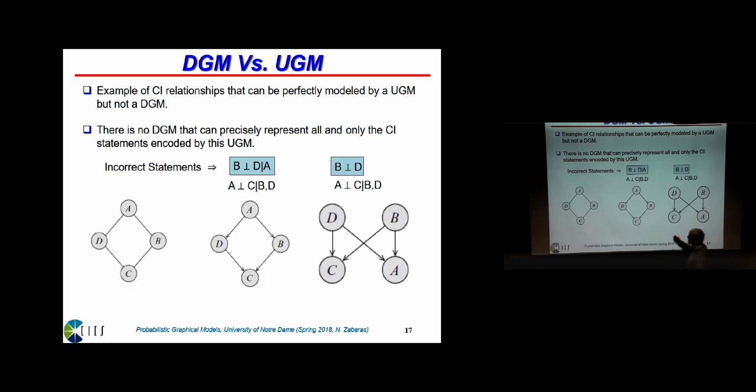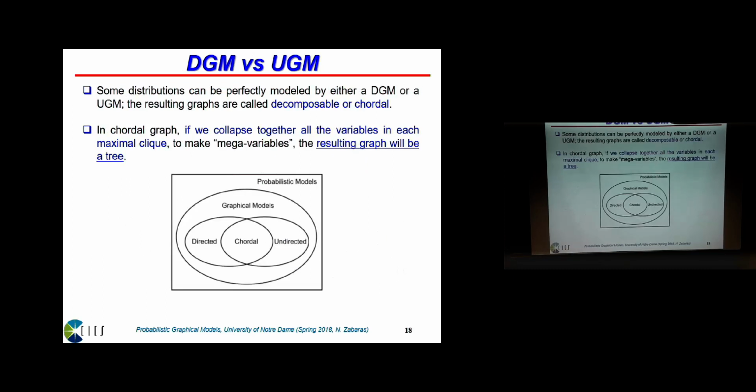You can convince yourself that directed graphical models don't have the same independence relations, and the majority of the issues come from the explaining away scenario that we have seen earlier in the course. So as a conclusion, if you take the whole set of probabilistic graphical models, there are the directed graphical models with their conditional independence relations, the undirected graphical models, and there is a subset of directed and undirected models called chordal graphical models that express the same conditional independence relations.